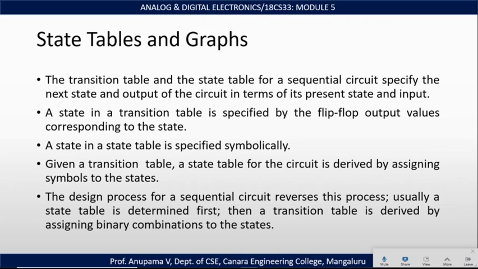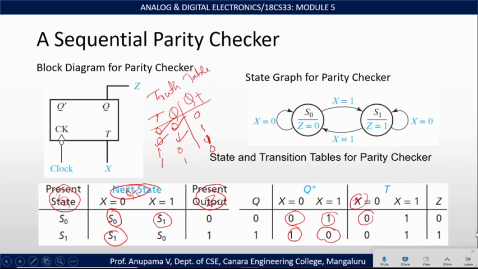A state in the transition table is specified by the flip-flop output values corresponding to the state. A state in the state table is specified symbolically.